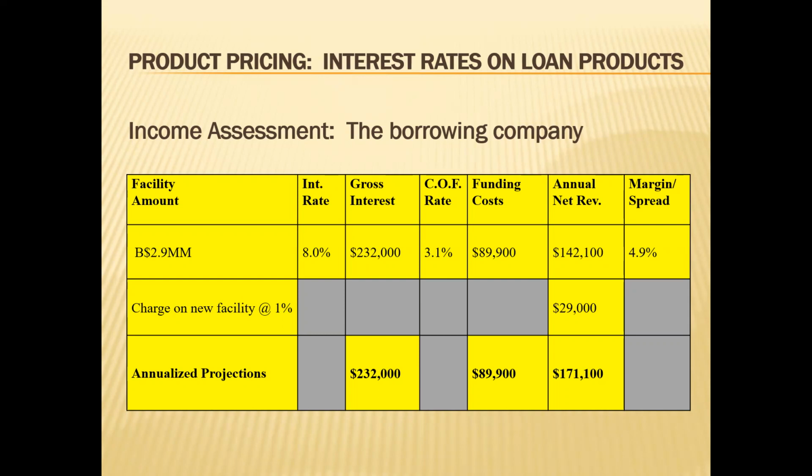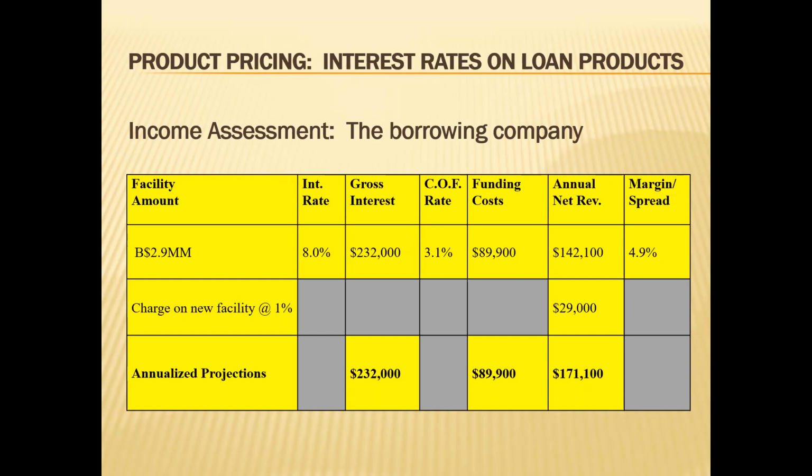Some banks have this or have something similar that they could use for more than one facility. So this is just showing a snapshot of one section of the overall spreadsheet. This is just showing a $2.9 million facility that this company is taking out.